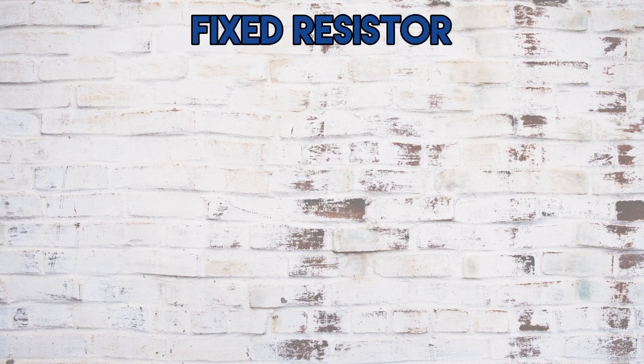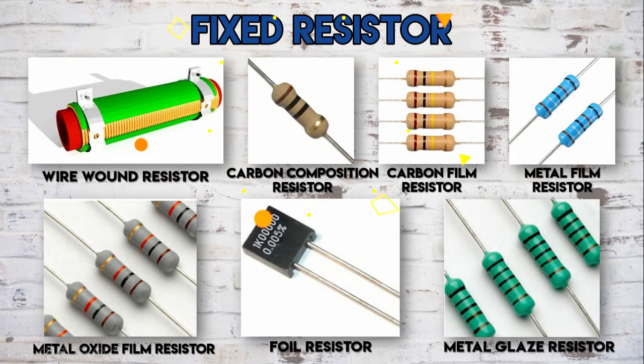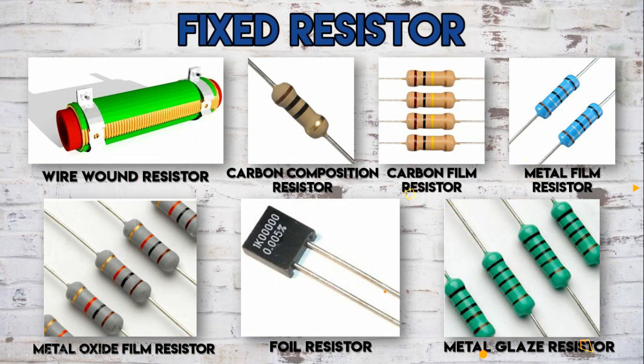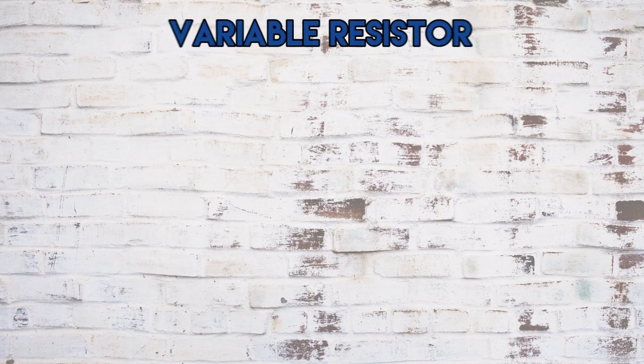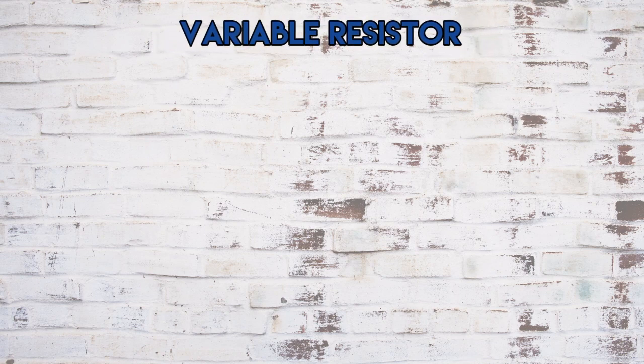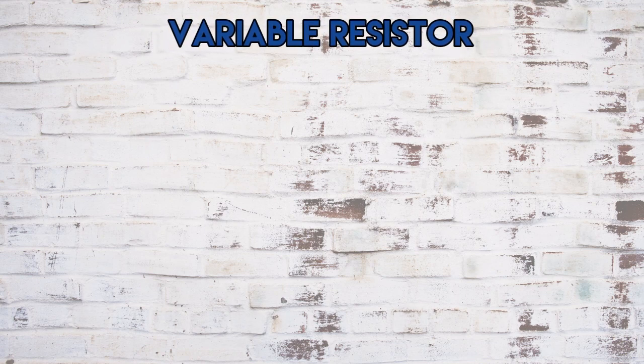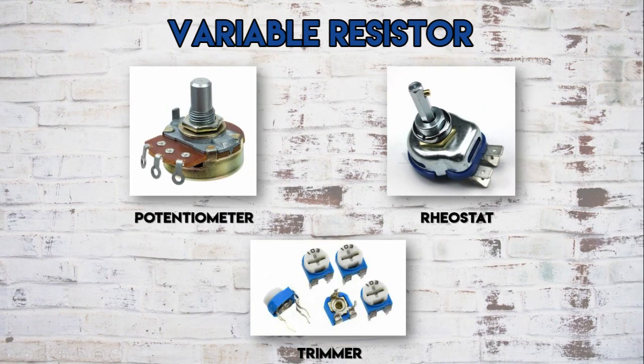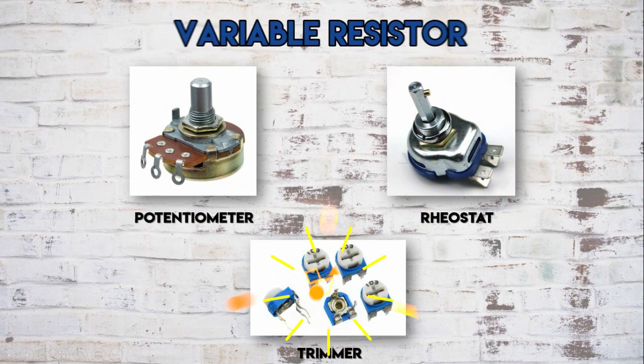Examples are wire wound resistor, carbon composition resistor, carbon film resistor, metal film resistor, metal oxide film resistor, foil resistor, and metal glaze resistor. Variable resistors have an adjustable resistance value. Most variable resistors are adjusted by mechanical movement. Examples are potentiometer, rheostat, and trimmer.